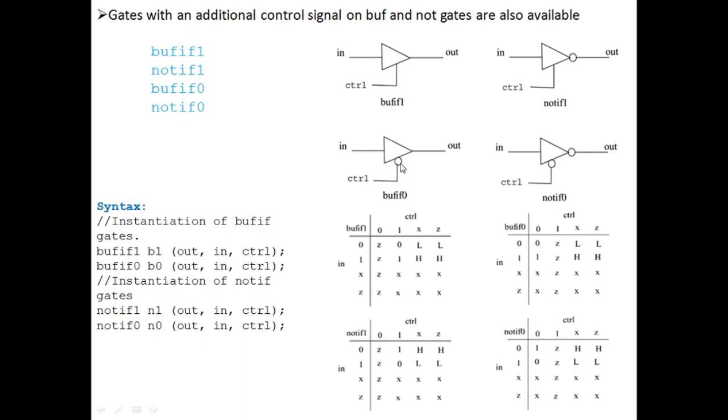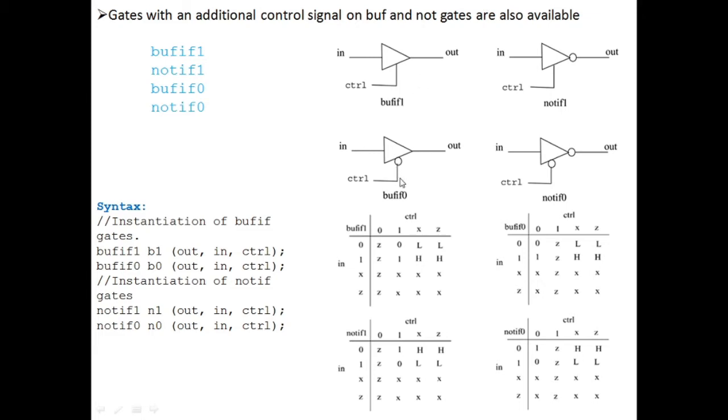Whenever any gate is de-asserted, it will generate an output of high impedance value. Whenever a gate is asserted, it follows the input blindly for the buffer gate. And here, the control signal is asserted when control is equal to logic 1, and de-asserted when control is 0. So this is about bufif gates.